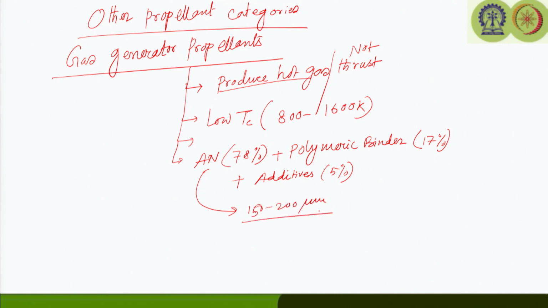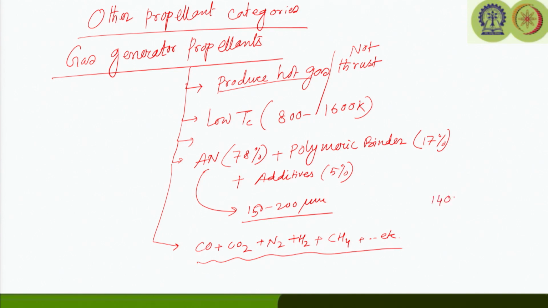The combustion products typically form carbon monoxide, carbon dioxide, nitrogen, hydrogen, and some amount of methane. The flame temperature will be in the range of 1400 Kelvin. They are not intended for applications where thrust is the prime objective, rather they produce hot gas by burning the different propellant ingredients.